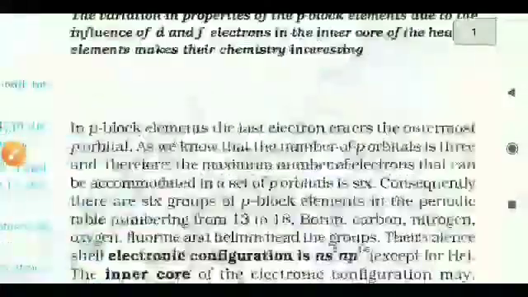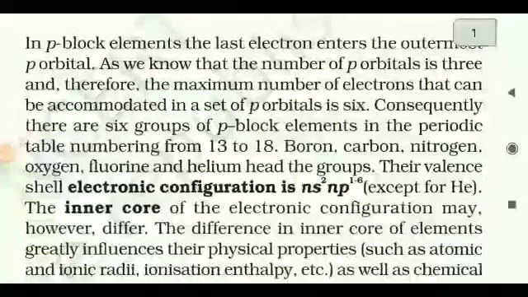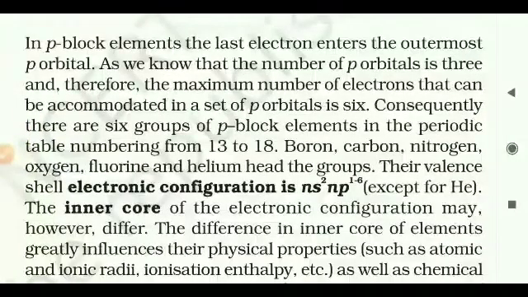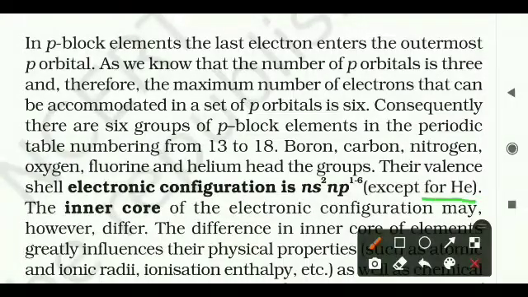But this is except for helium. In the case of helium, as helium comes in group 18, the electronic configuration is not ns2 np1 to 6, it is only ns2. Why?